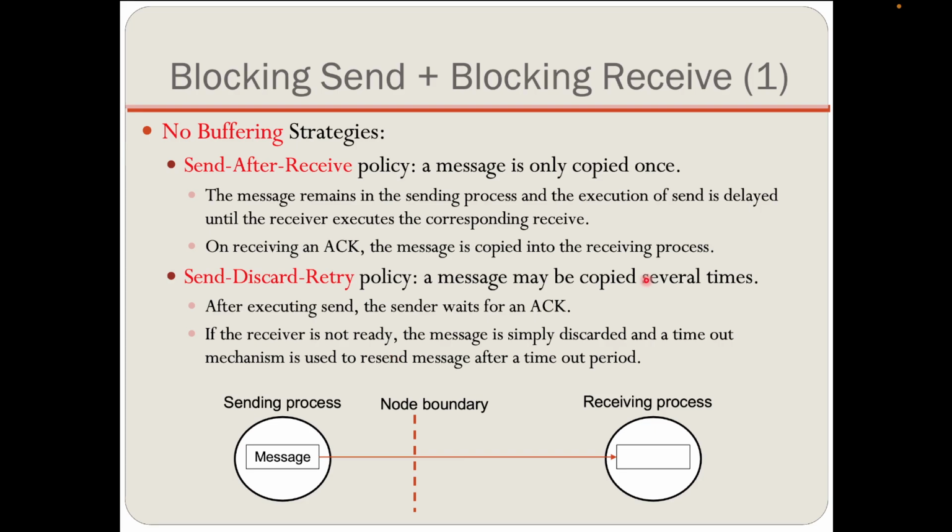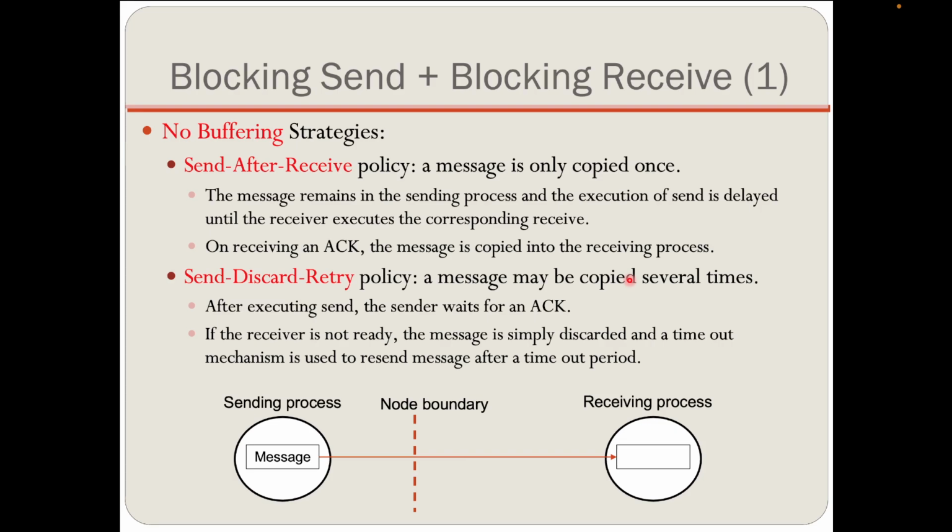So a message will actually be copied multiple times to the receiver host, but only the last time, when the receiver actually receives, will it generate an ack back. Other than that, the sender always gets a timeout, and then we retry, we send.